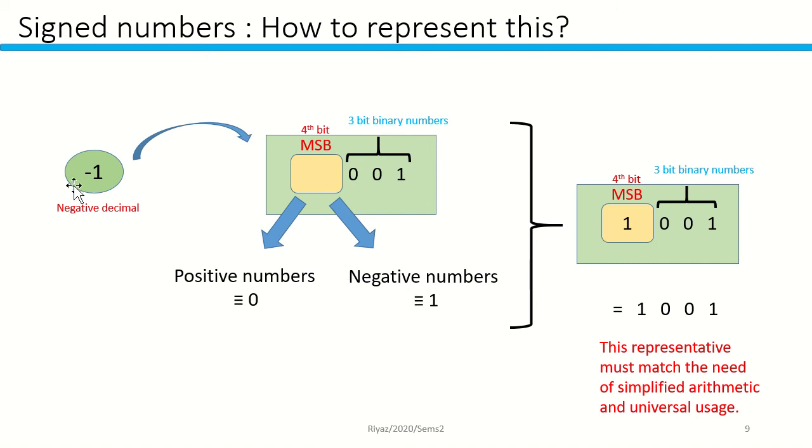So for example, negative 1: you have the normal 001, and then the header is 1, so you put a 1 in front of it. In the end you have 1001. This representation must match the need for simplified arithmetic and universal usage.